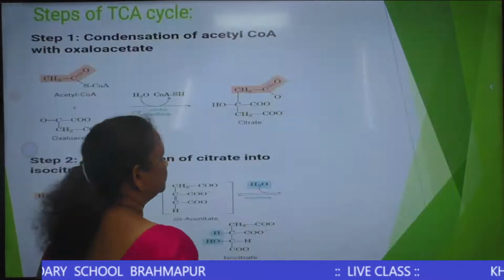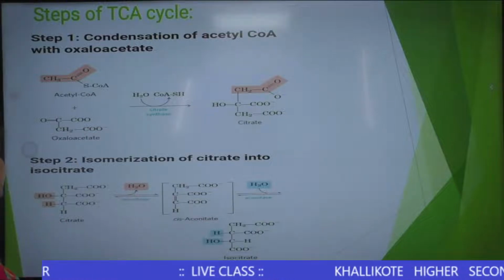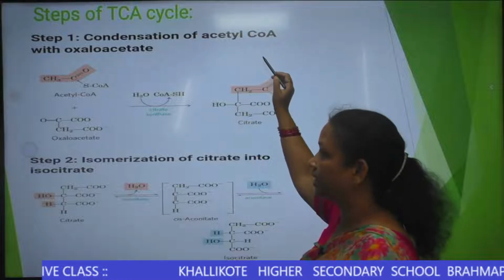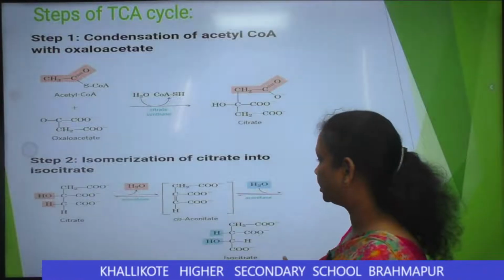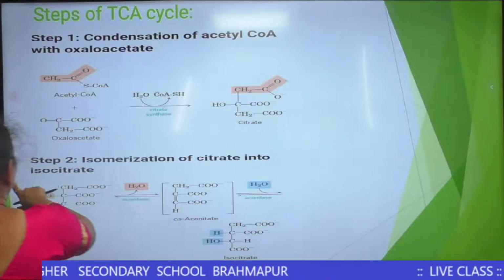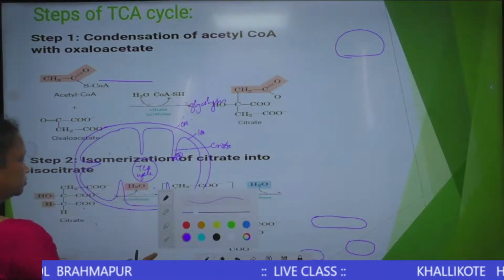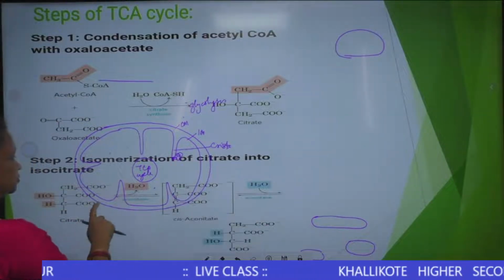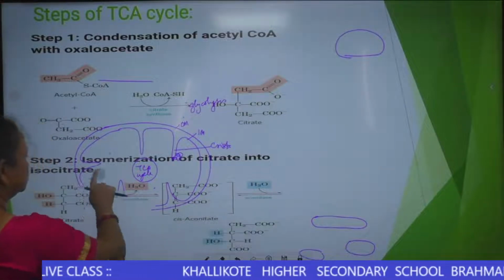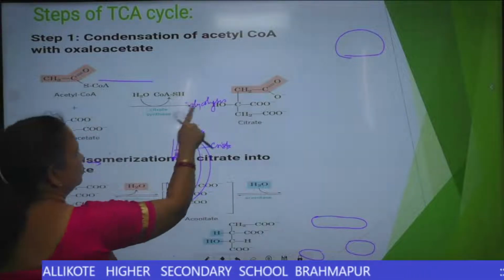So, going to each step of the reaction. The first reaction here of the TCA cycle is condensation of acetyl coenzyme A with the molecule of oxaloacetate.